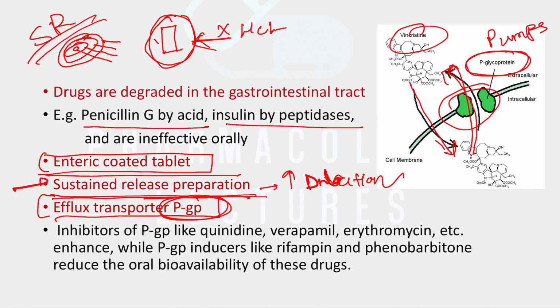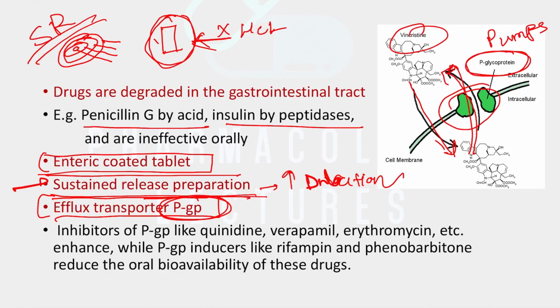These pumps are present in the gastrointestinal tract, and they are good as well as bad. Good in a way that sometimes they prevent the action of some toxins, and bad in a way that sometimes they decrease the effect of drugs. So they have both actions.